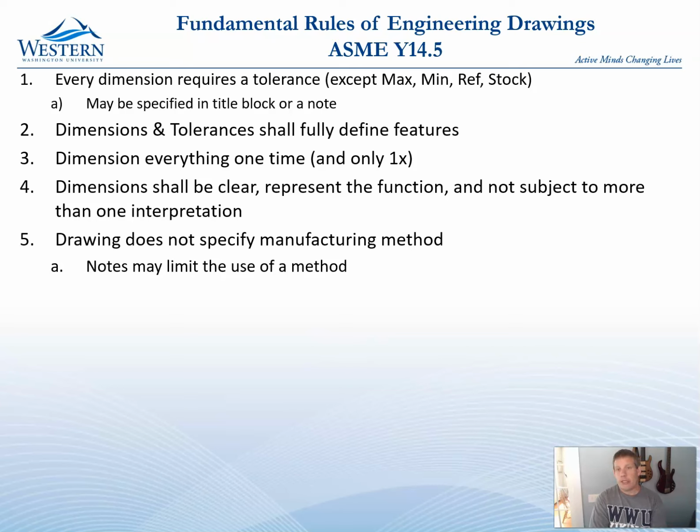And so some examples of that are if you have a part that is not going to have any finishing processes and is going to be in an oscillating service or a flexural loading, then you might rule out a set of processes like electrodischarge machining, or some of the processes that leave micro cracks in the surface.